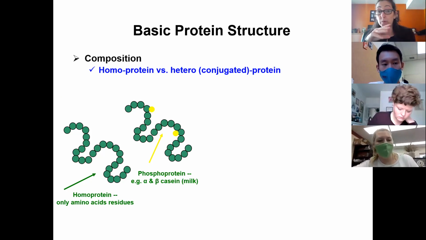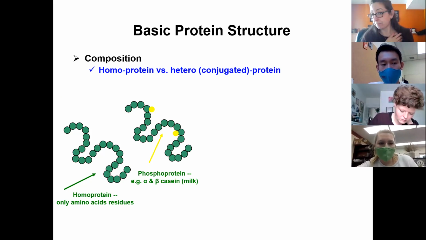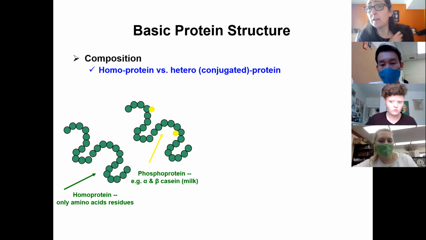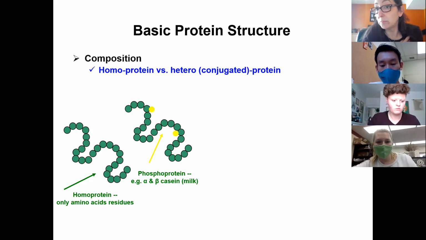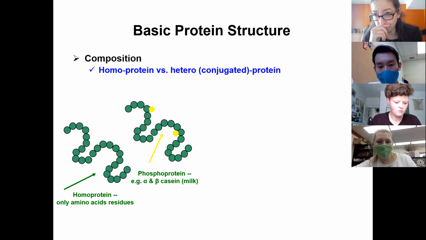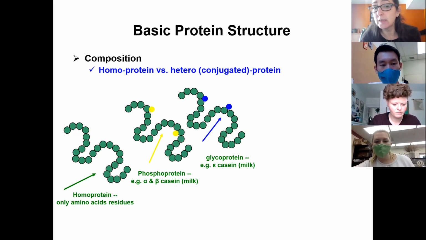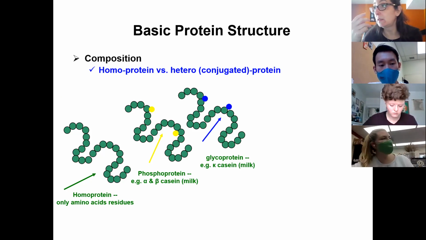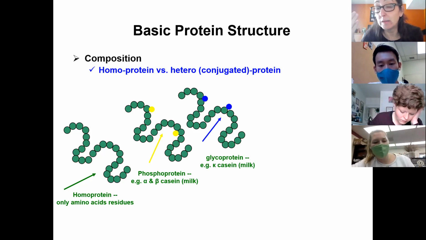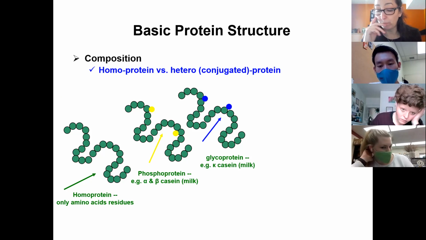But sometimes you have proteins that have other groups like phosphates in them, which becomes a phosphoprotein, such as alpha and beta caseins in milk. You have glycoproteins, such as kappa casein or vicilin and conglycinin, for example, in legume proteins. Some of them are glycosylated, so then we call them glycoproteins.